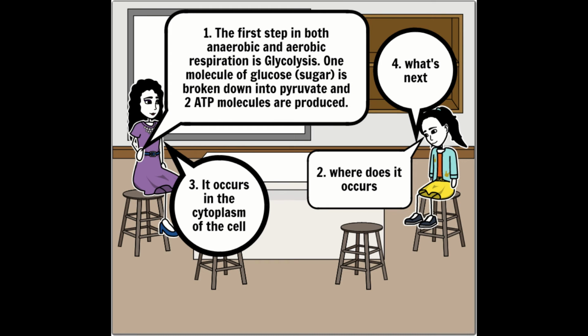The pathway common to both aerobic and anaerobic respiration is glycolysis. Glycolysis is actually an anaerobic process which occurs in the cytoplasm of the cell. After finishing glycolysis, the cell continues either anaerobic or aerobic respiration depending upon the oxygen availability.